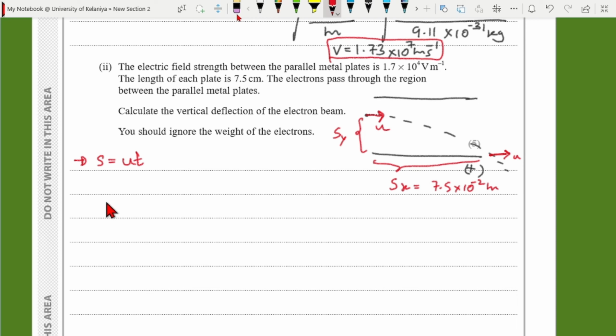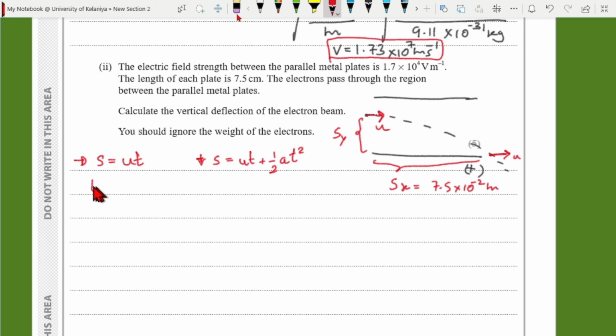Why am I doing this? If I know t, when we are doing a projectile motion, then you can apply s equals ut plus half at square. Then you can find the vertical deflection, or the vertical displacement. So I'm going to calculate this one.